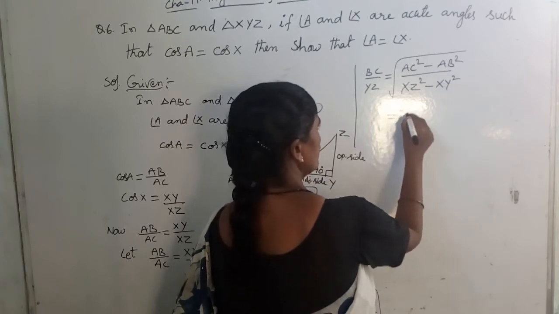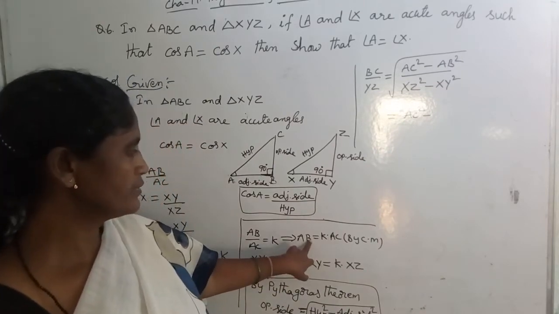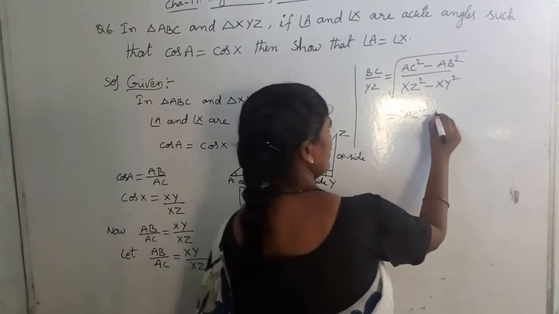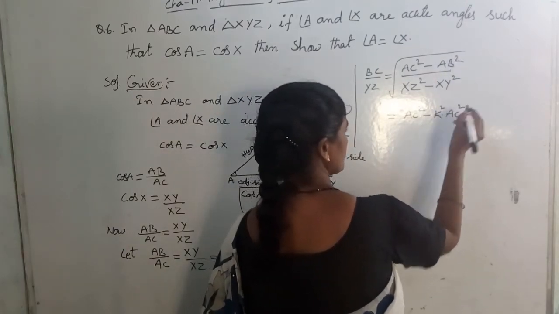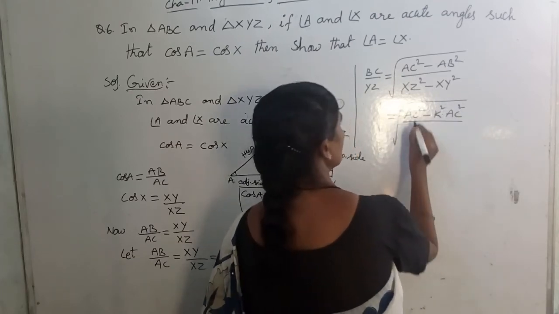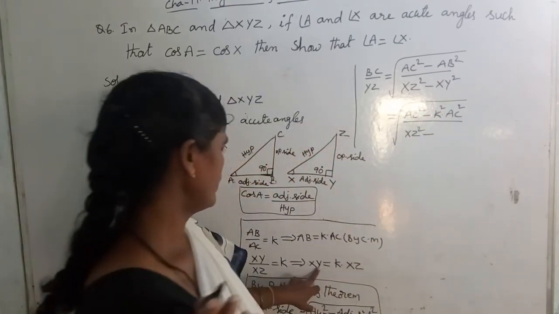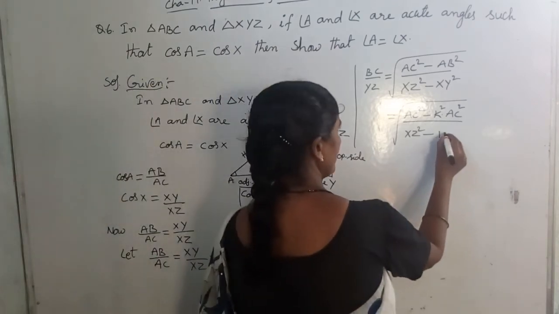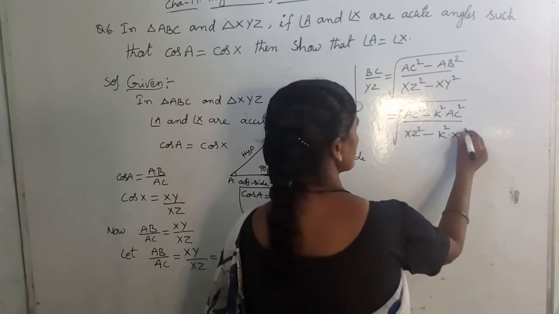That is equal to AC square minus AB; instead of AB we can write K AC, but square is there now, that's why here also square will come, by XZ square as it is minus XY. In XY place K XZ we can write, means square is there now, that's why K square XZ square.